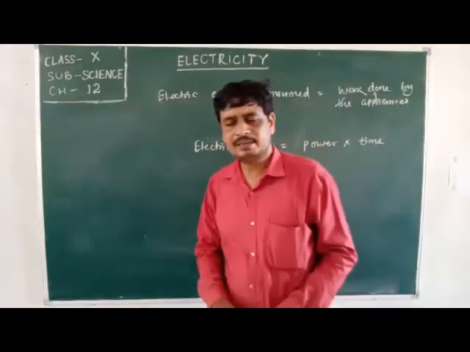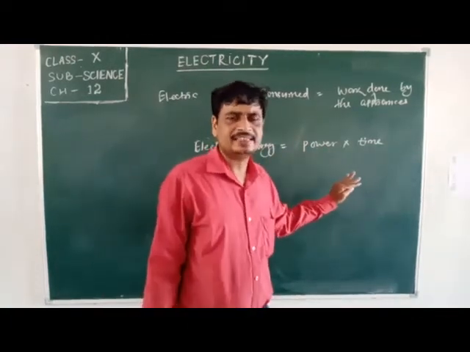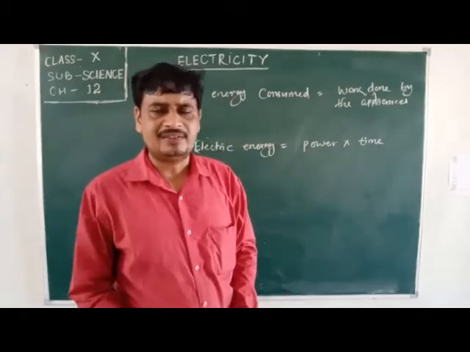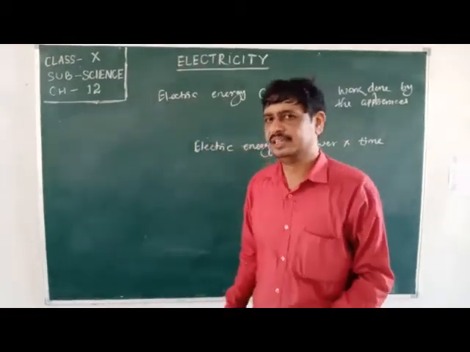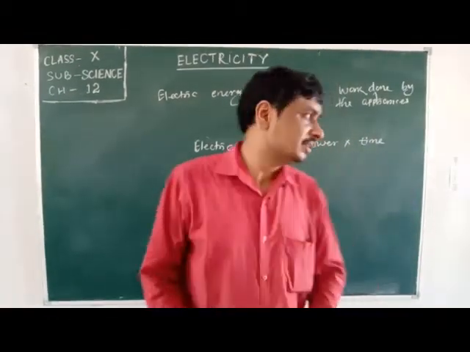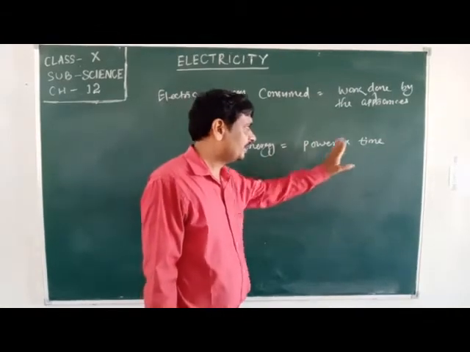If the power rating of the appliance is more, then it will consume more electric energy. Next, if we run the appliance for a longer time, then also it uses more electric energy. This electric energy becomes equal to the product of power and time.